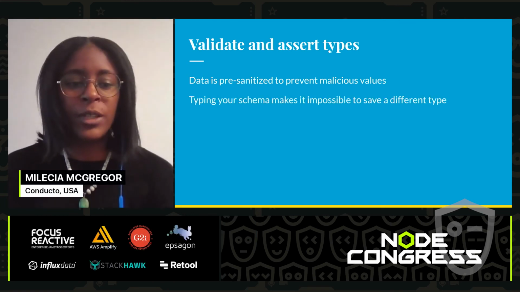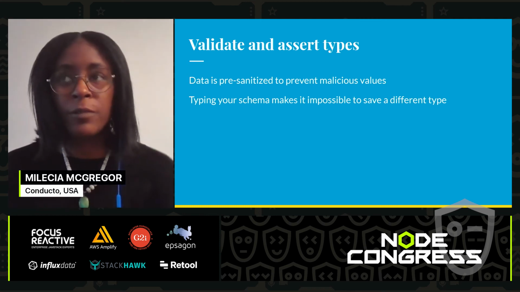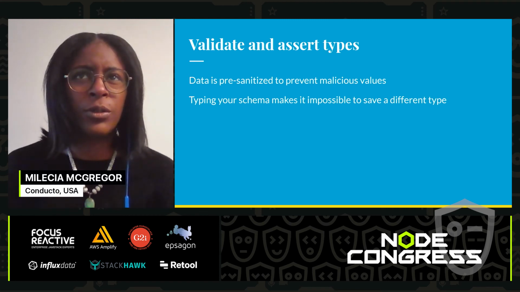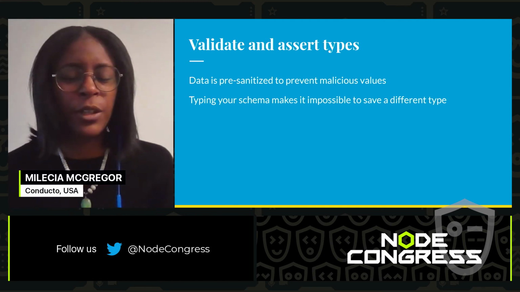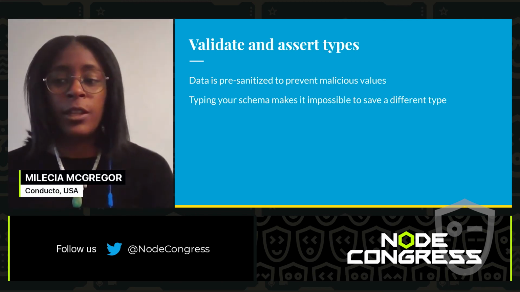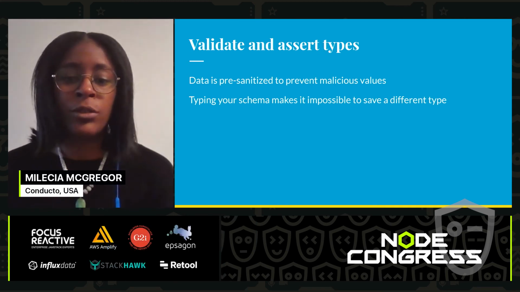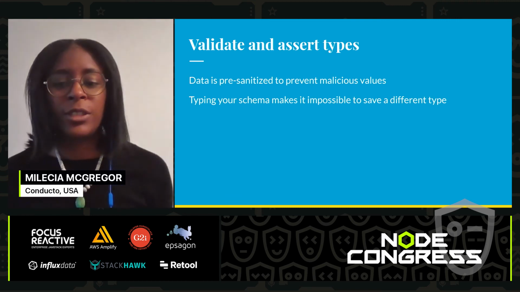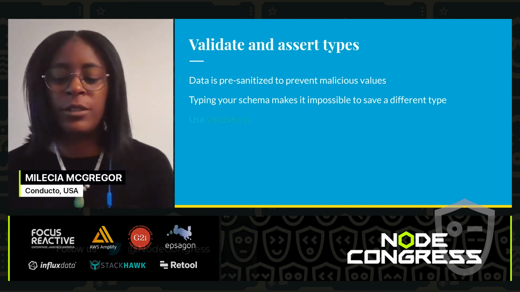And one of the ways that we do this in Node is just type your schema. Most ORMs that we use, like Mongoose or the one that comes with Postgres, you know the exact types, you know the names of the values, you know everything you need to know to make it impossible to save a different type of data in your database.